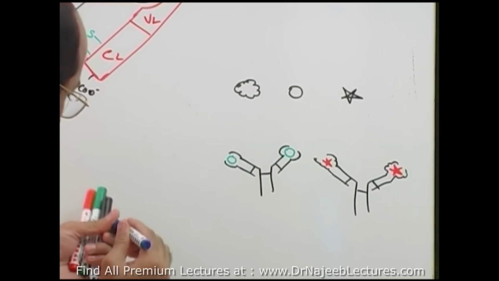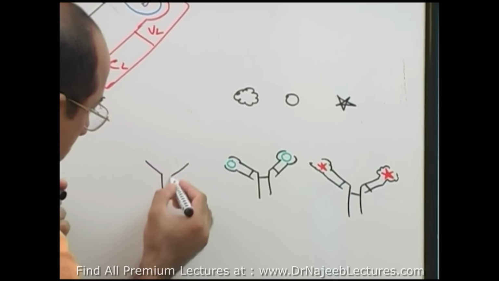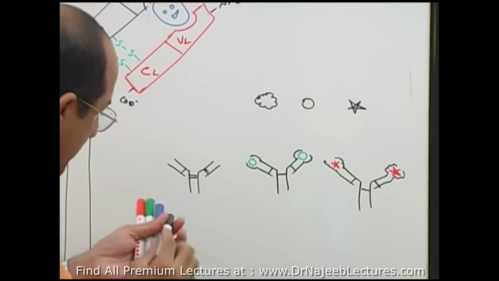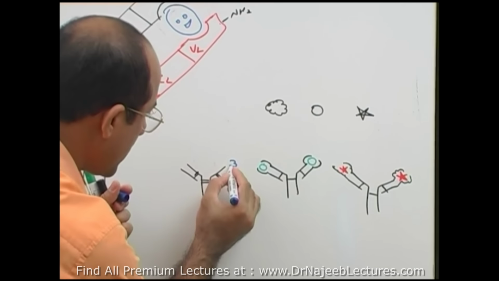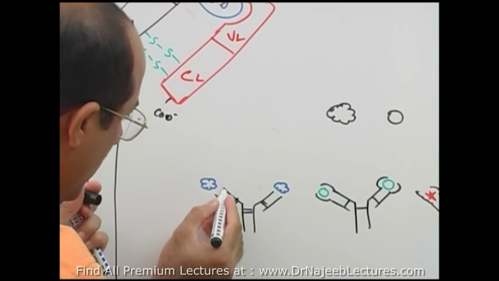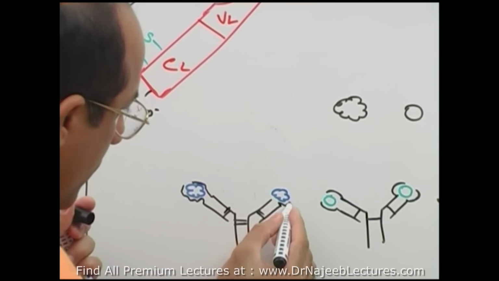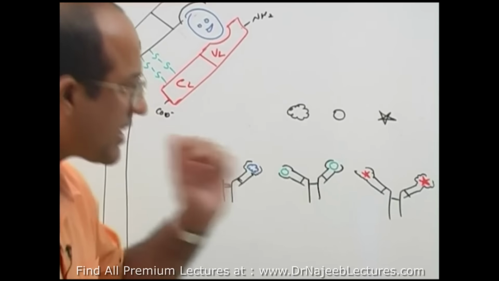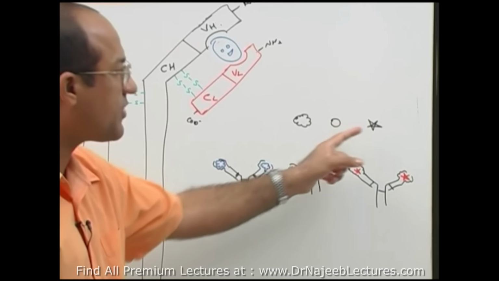Now we come to this. For that antigen, suppose there is another antibody which specifically reacts with it. Of course, it will have two heavy chains and two light chains, right? Now this antigen is like this. Now you understand that a particular antibody will react only with its specific antigen.